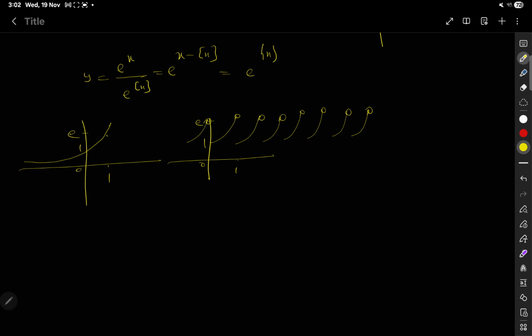This is the transformation. Now next transformation is fractional part. That's enough actually. They can also ask 2 raised to x by 2 raised to step x, which is same. Okay, clear? Okay then.